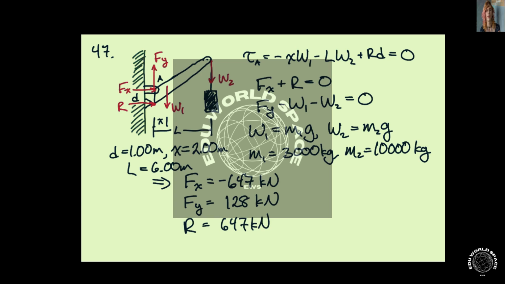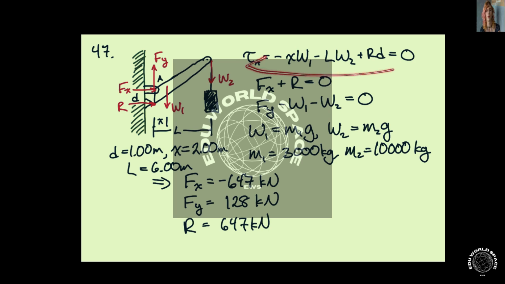So if we take moments about this point so that these two reaction forces drop out, we get the moment from the weight of the crane, which is clockwise, so we have a negative sign. The moment from the weight of the load, the payload here, also a negative sign, and then the moment caused by this reaction force that has to offset these so that this thing doesn't rotate.